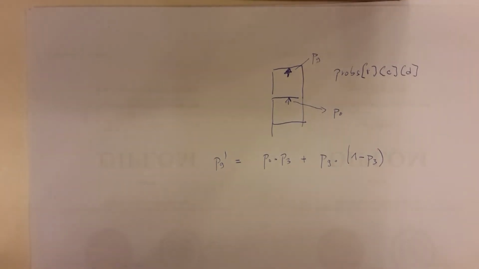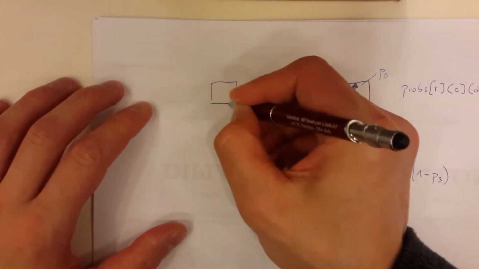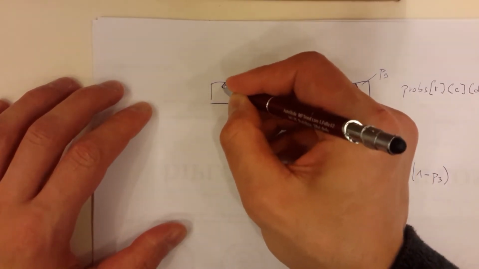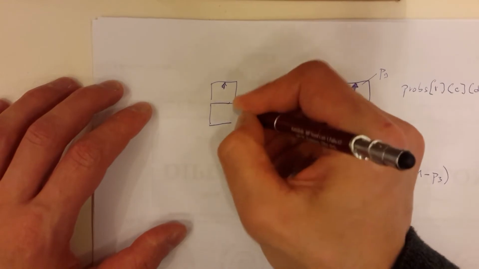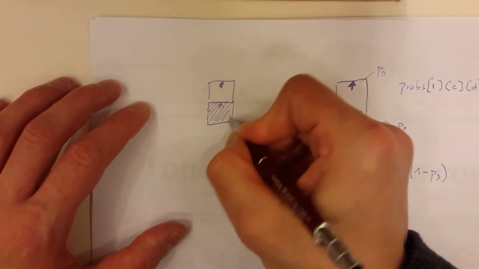But that is not everything, because we need to consider some special situations. One special situation is that we are talking about a position where it's not possible to get. So this is a wall.